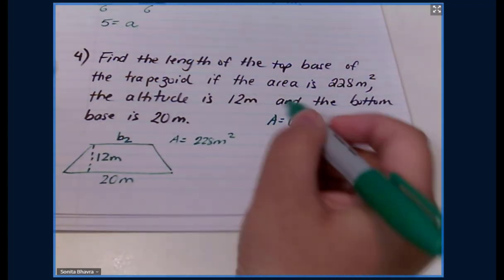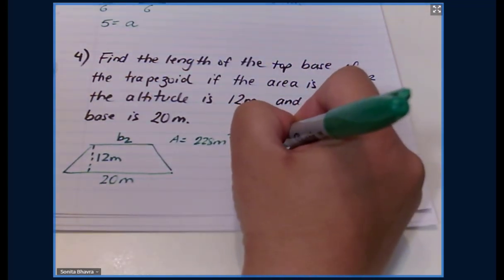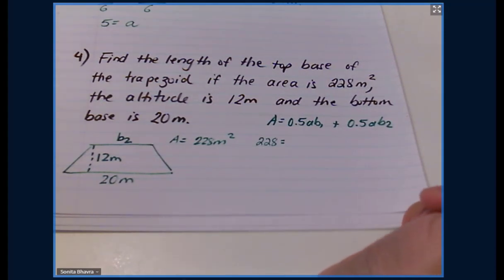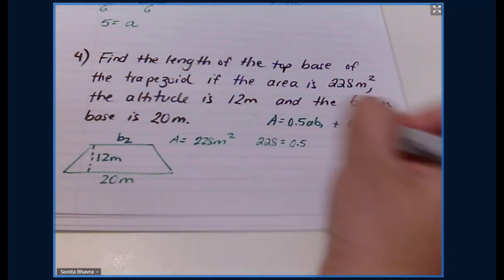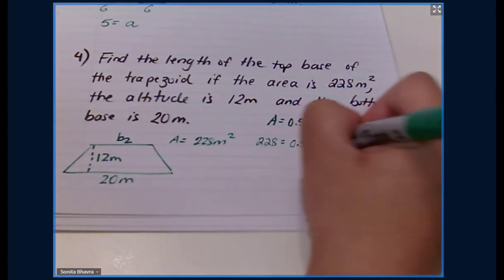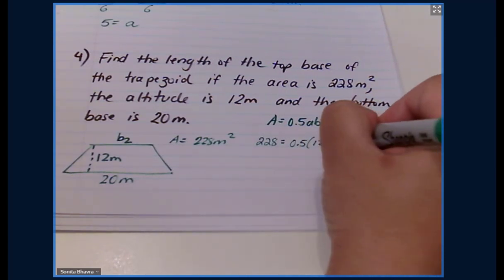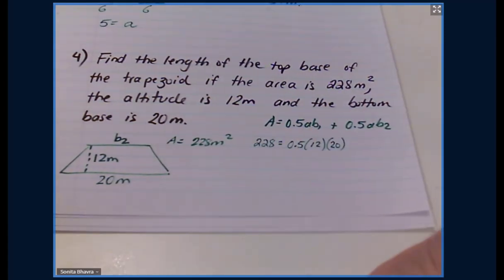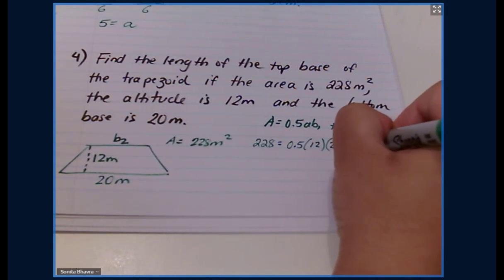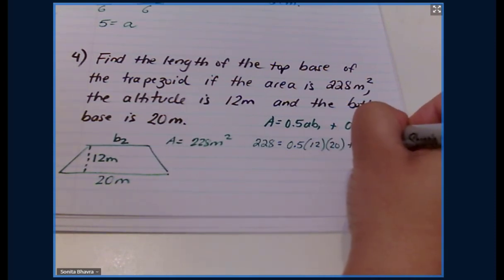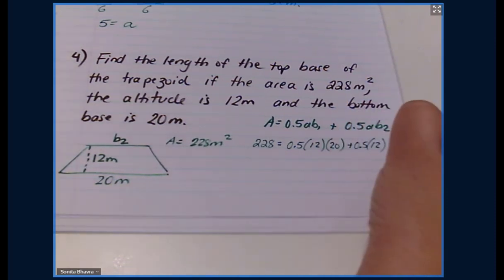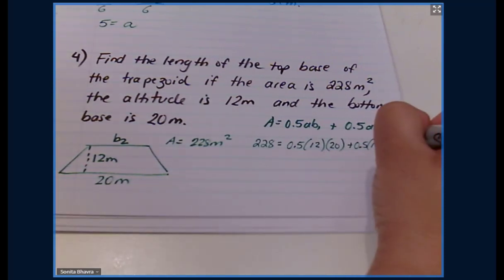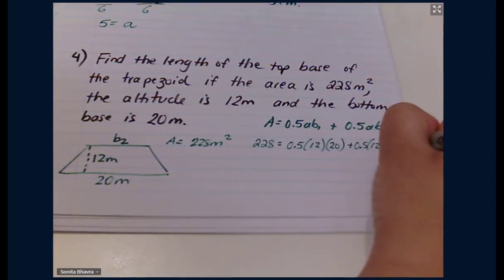So we know our area is 228, so I'm just going to put that here. Substitute in our altitude is 12, base 1 is 20, plus 0.5, altitude is 12, and then base 2 is what we're trying to solve for.